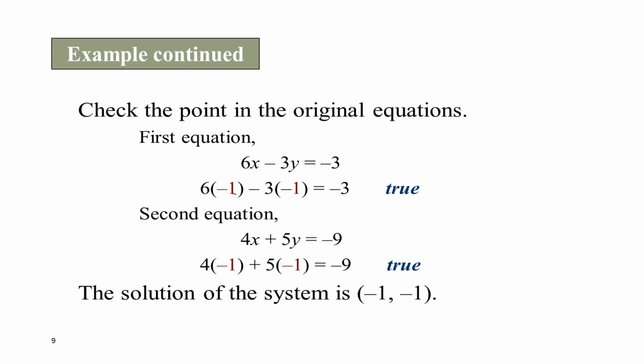Negative 6 plus 3 gives negative 3, so negative 3 equals negative 3. Our answer is true. And then for the second, 4 times negative 1 plus 5 times negative 1 is negative 4 plus negative 5, that's negative 9. That's true also. Okay, next.